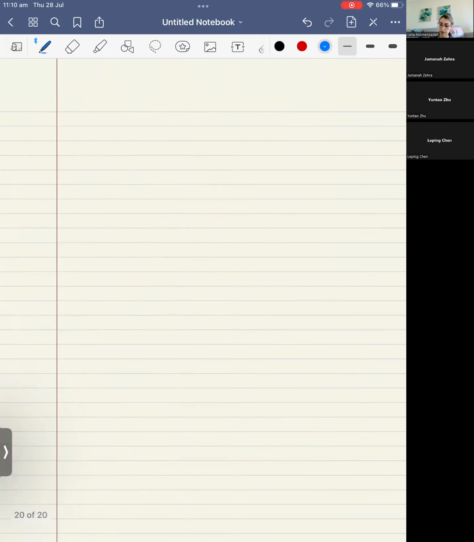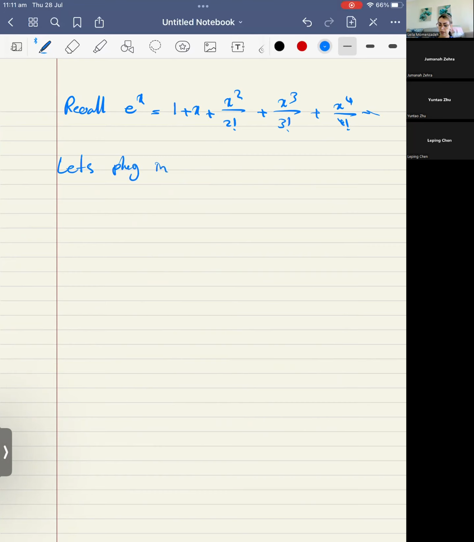We recall e power x would be equal to 1 plus x plus x squared over 2 factorial plus x cubed over 3 factorial plus x4 over 4 factorial, and let's plug in x equal i theta.